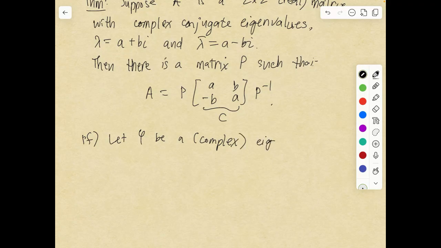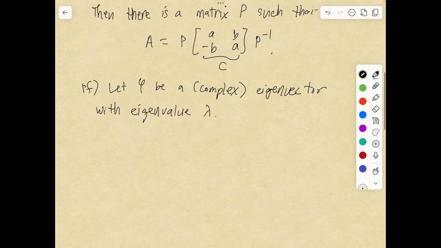So phi is this vector that has two components, and the components might be complex numbers in general.